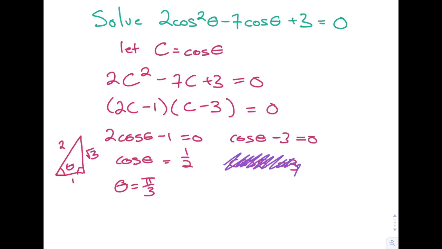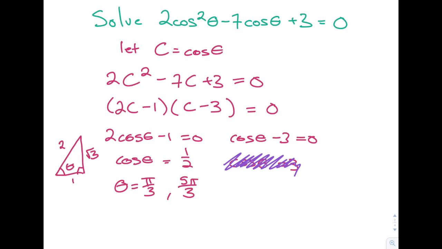And there's another angle for which cosine theta equals 1/2. In this case, we could either go counterclockwise or clockwise. Let's go clockwise. So the other angle's in quadrant 4, and that's 5 pi over 3.